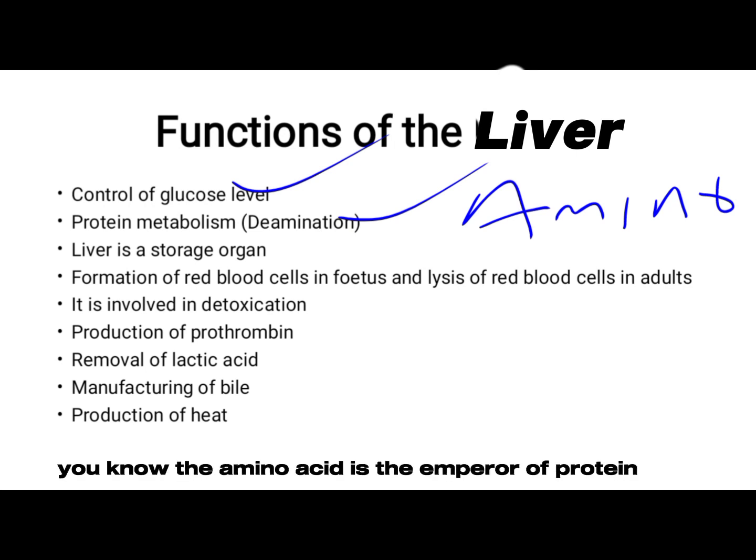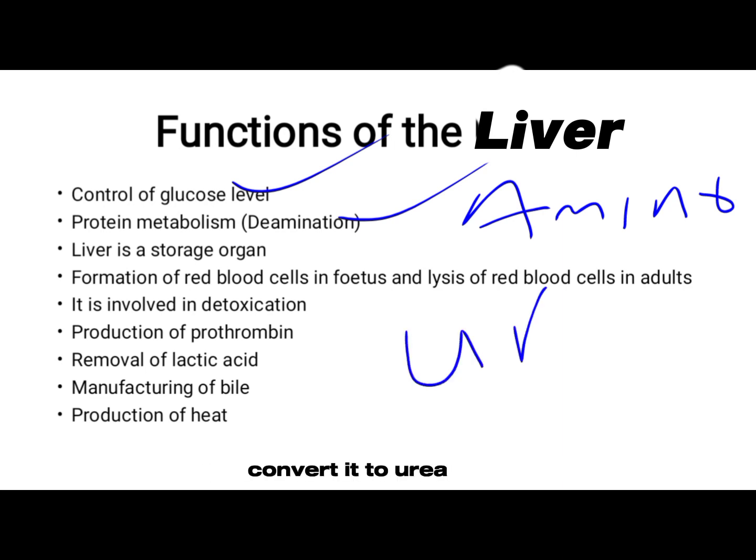You know, amino acids are the end product of protein. The liver removes the nitrogenous compound from the amino acid and converts it to urea. When it has been converted to urea, it can then be eliminated from the body.